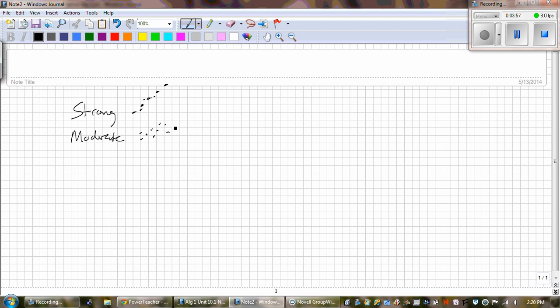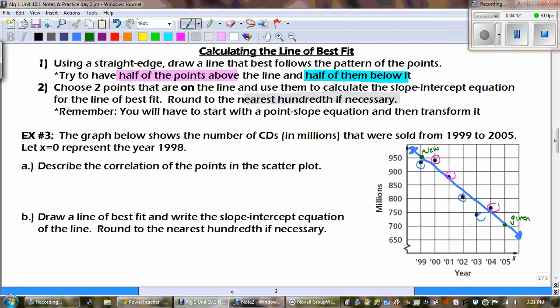Okay. Then there's weak, which is even farther apart. And then we said that no correlation is just when the points are all over the place. I would say that this one best represents a moderate negative correlation.